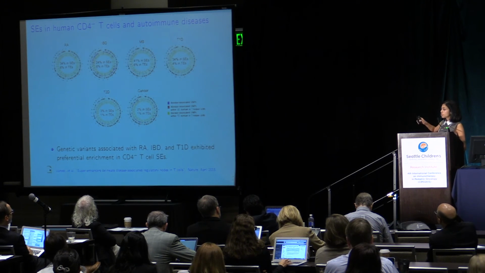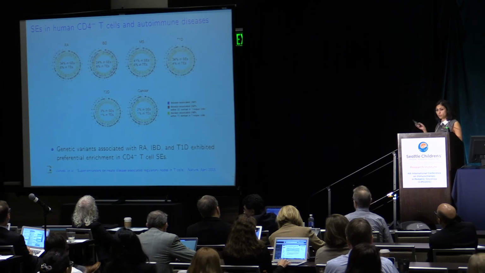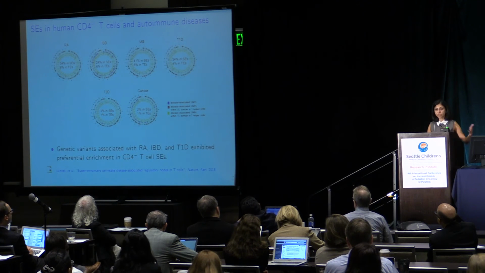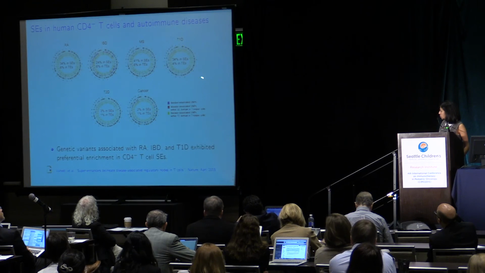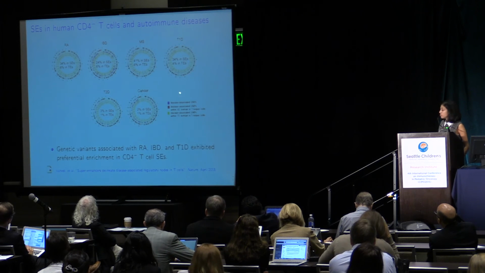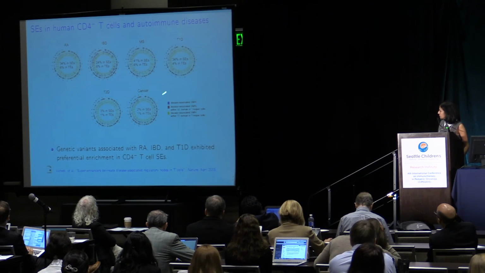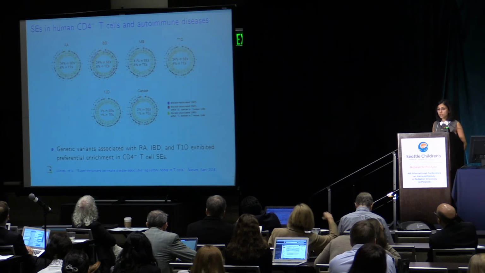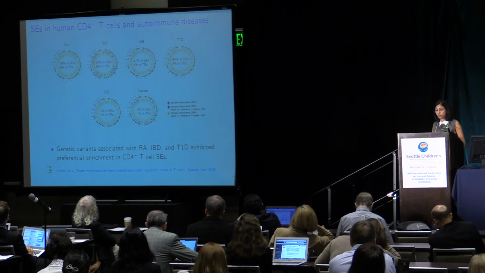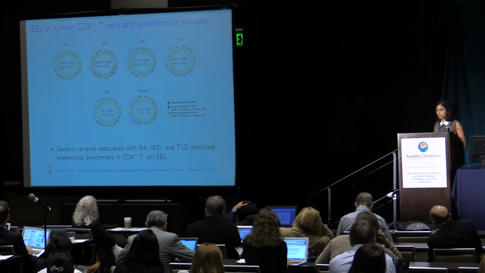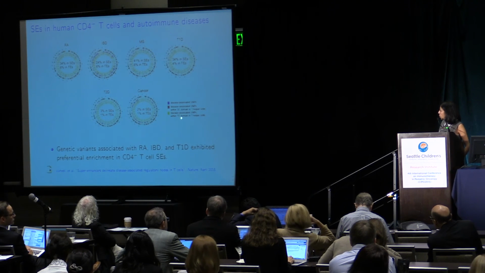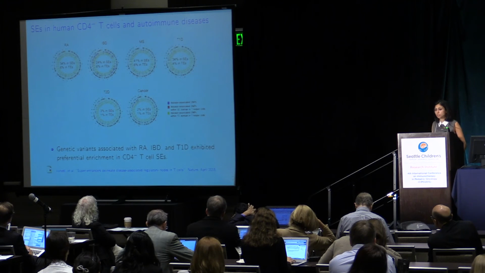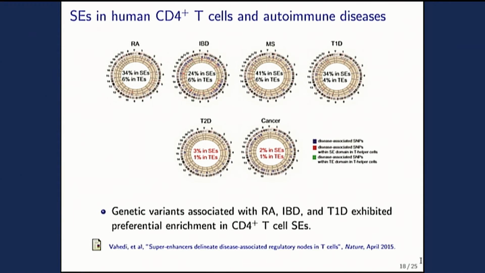And again, genetic variants of these diseases were not enriched in the rest of the enhancers that don't have this property. In contrast, as another kind of control, variants of type 2 diabetes and cancer, where we specifically excluded any immune-related cancer for this particular analysis, were not enriched in the super enhancer regions of CD4 T cells.